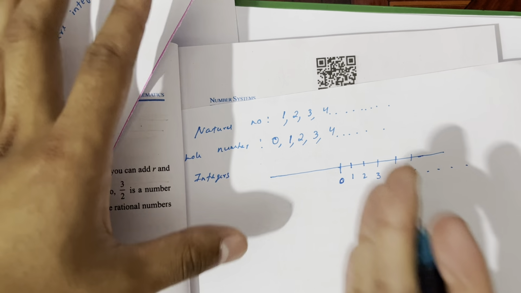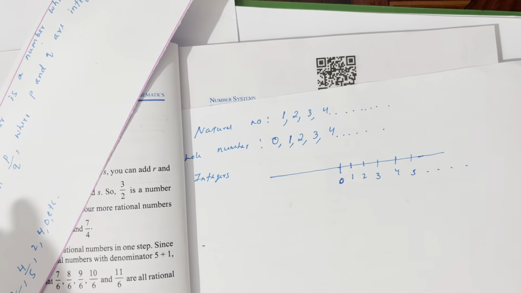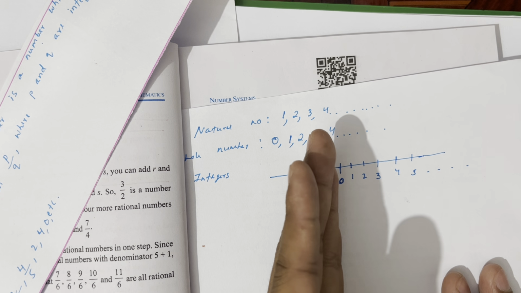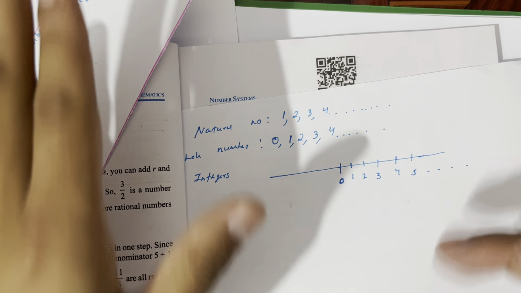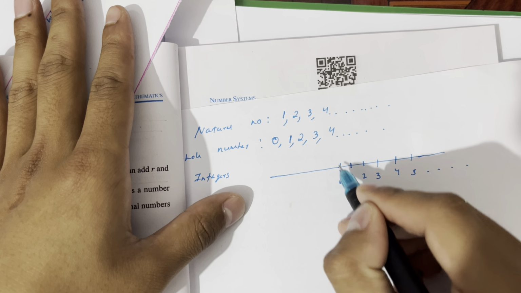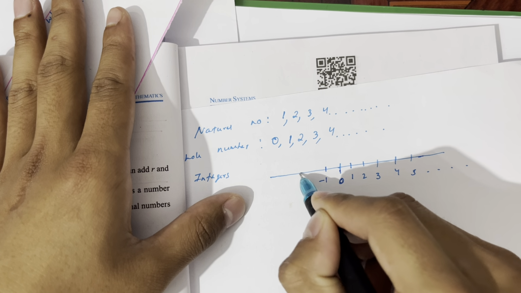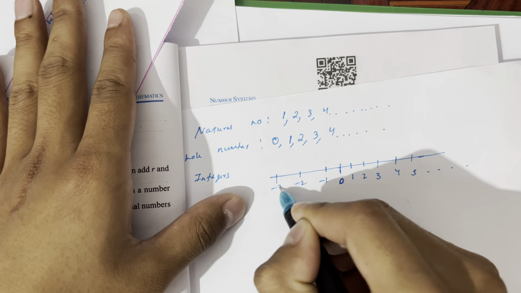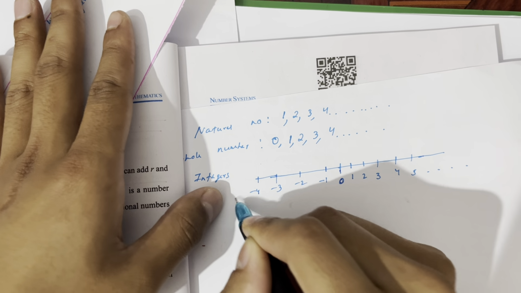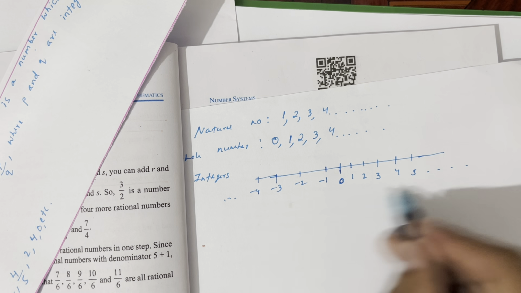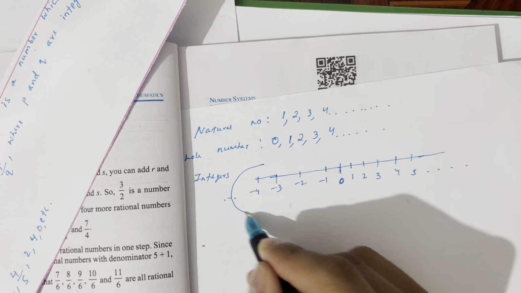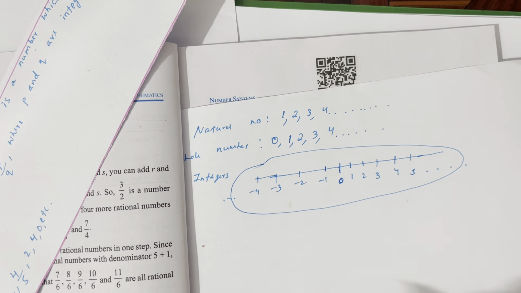The left hand side is negative: from 0, then minus 1, minus 2, minus 3, minus 4 and continue on. All these are called integers.